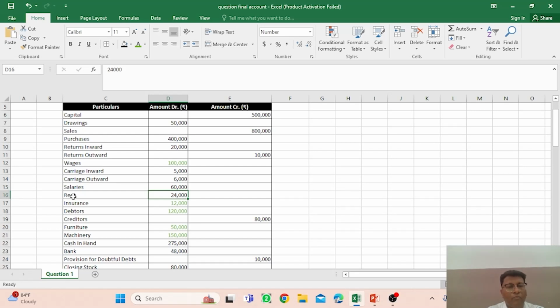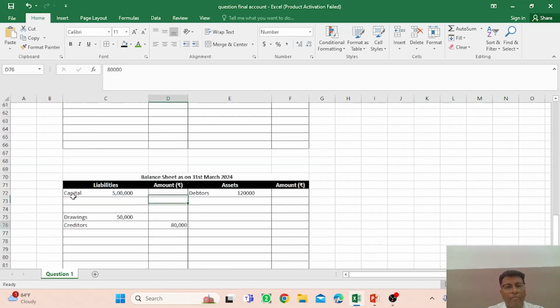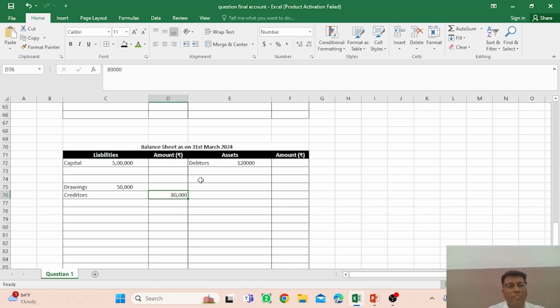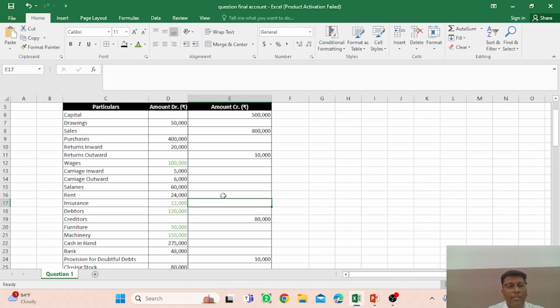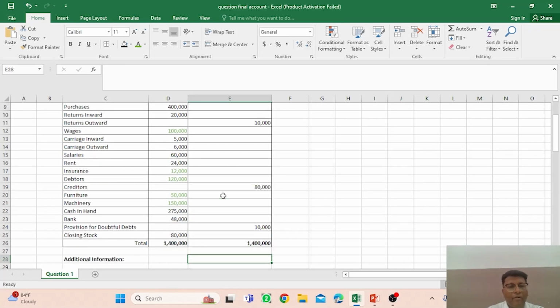And after that furniture 50 and machinery 150. Right, and cash in hand 275 and bank 48.